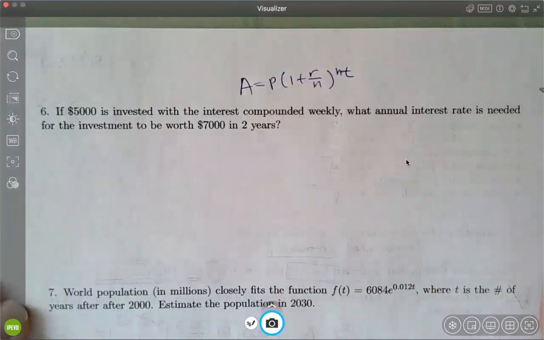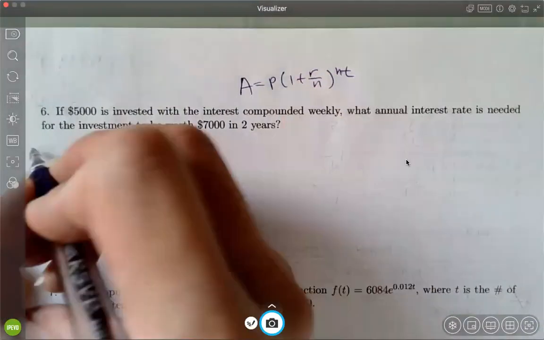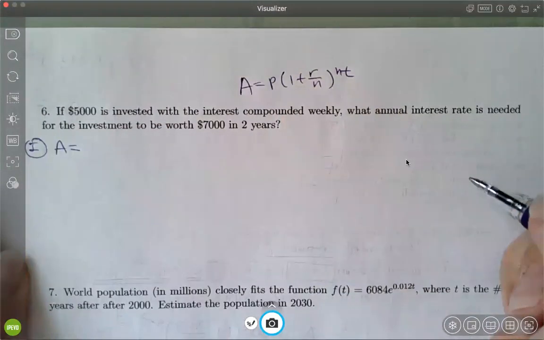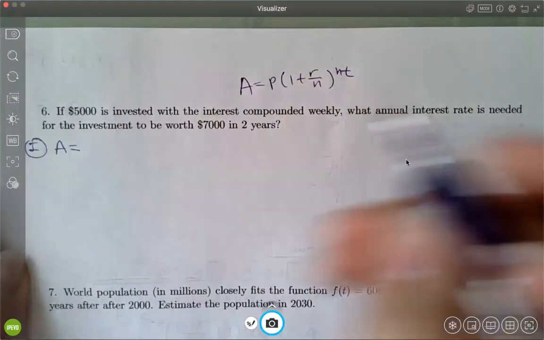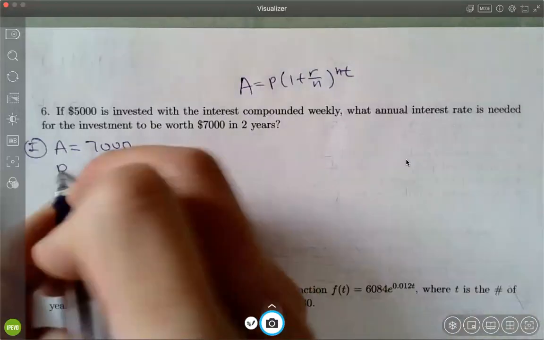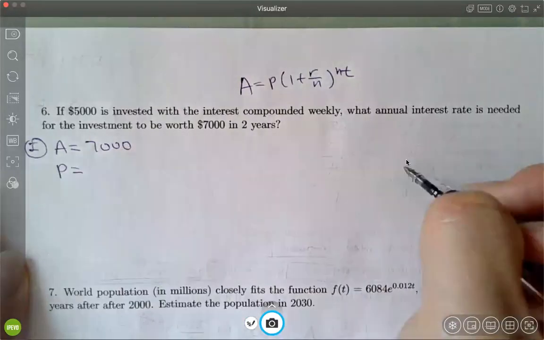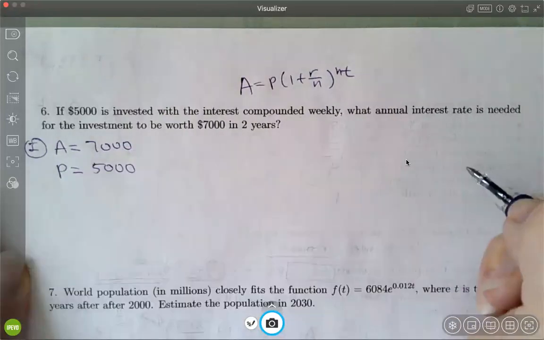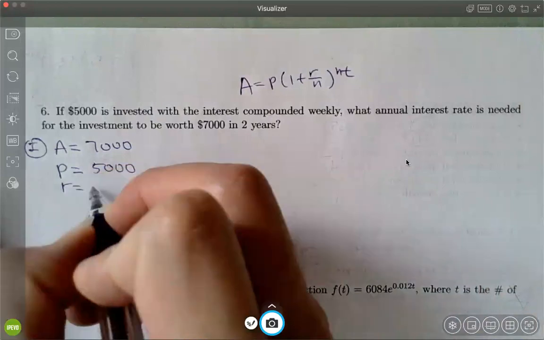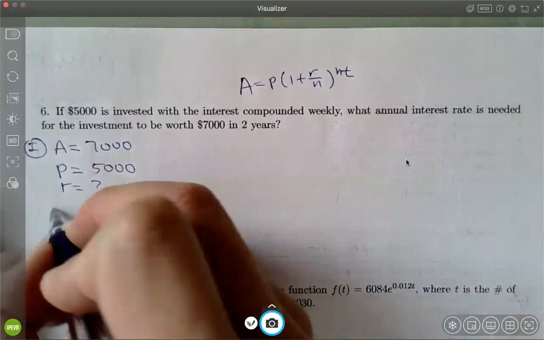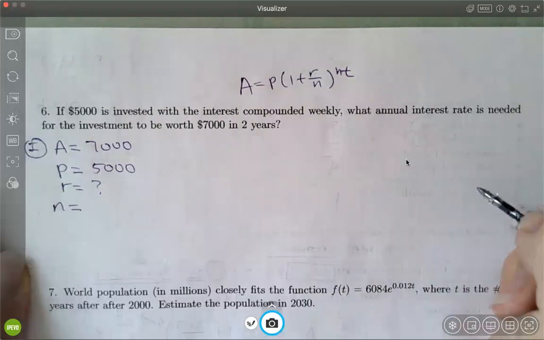Here, do we know the future amount? Yes, which is 7,000, right? Do we know how much we invest right now? 5,000, right? Do we know the interest rate? No. What's the value of n? It says compounded weekly.